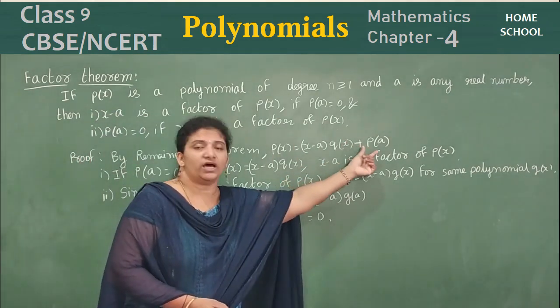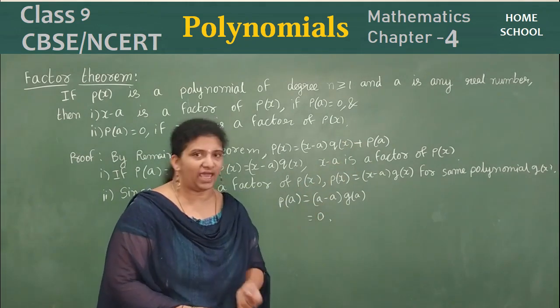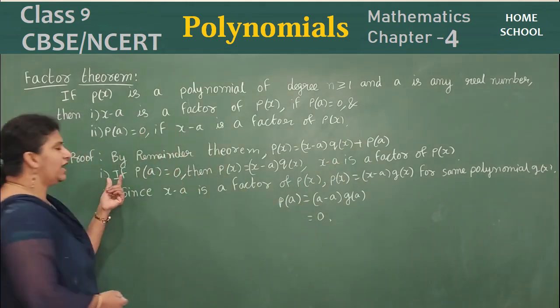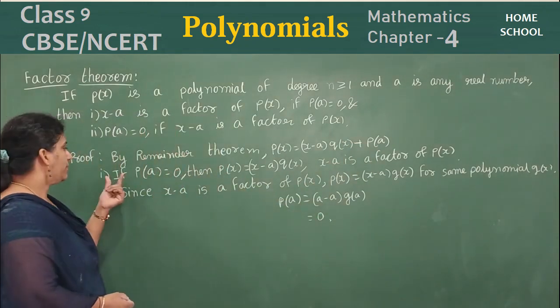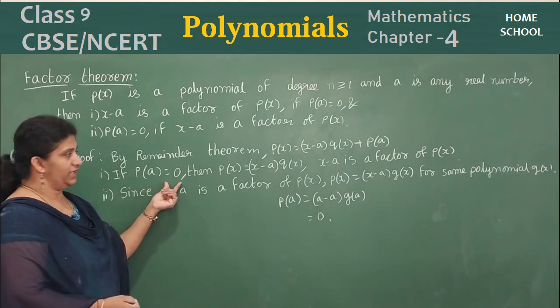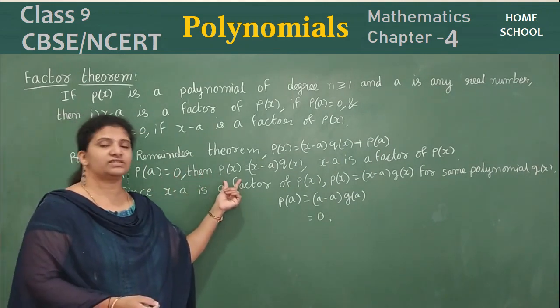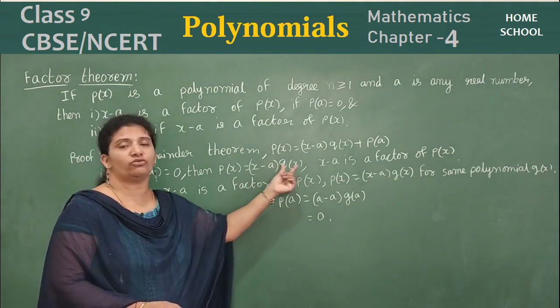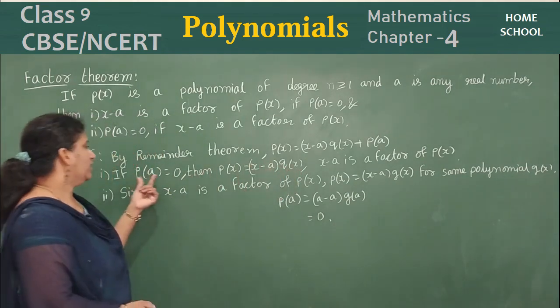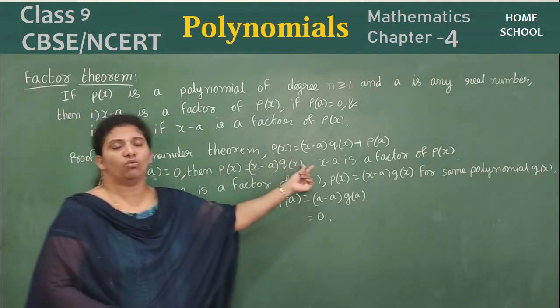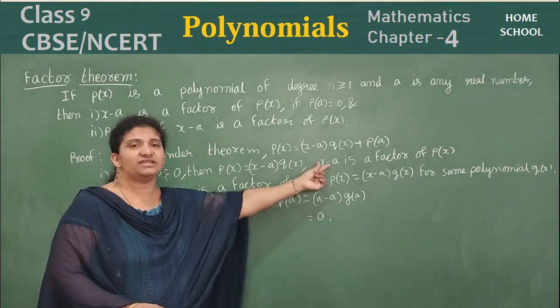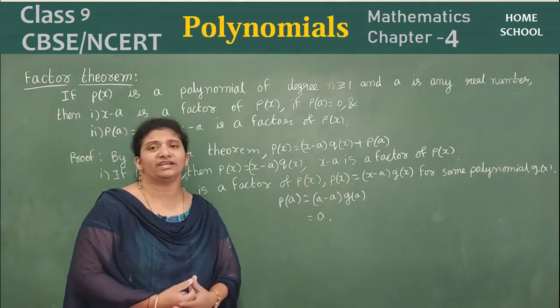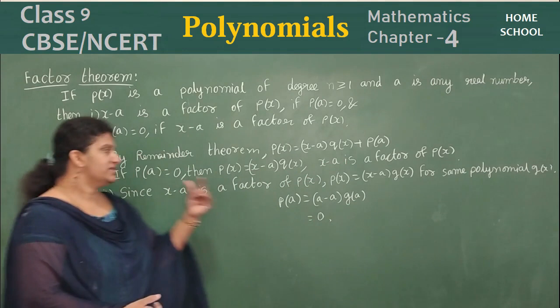In place of r, we have written p of a. Therefore, what can I say, children? p of a is equal to 0 if p of x is equal to x minus a into q of x. When your remainder is 0, what happens? Then I can say that x minus a is a factor of p of x.